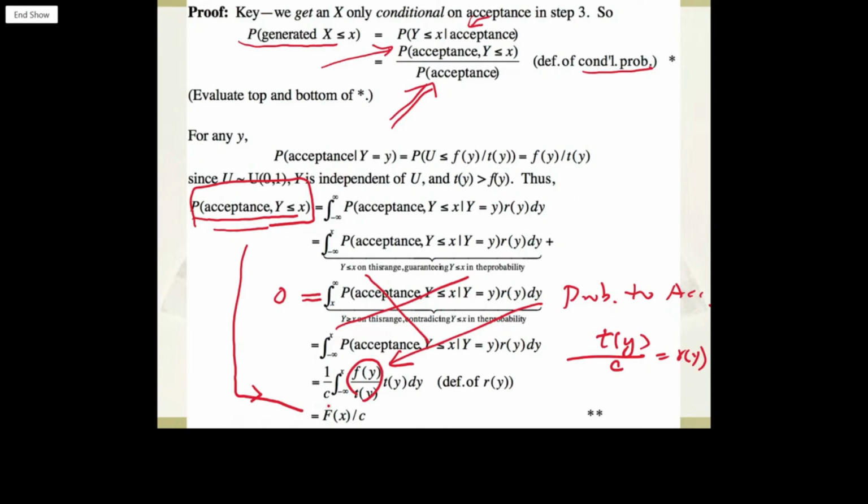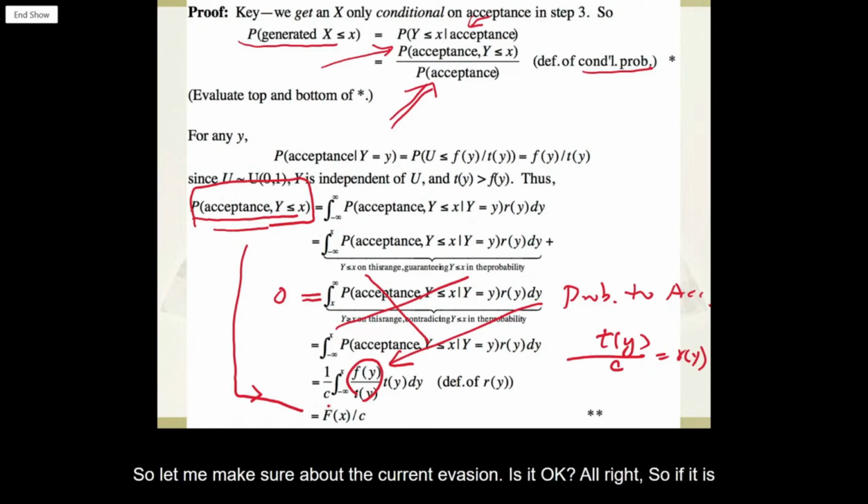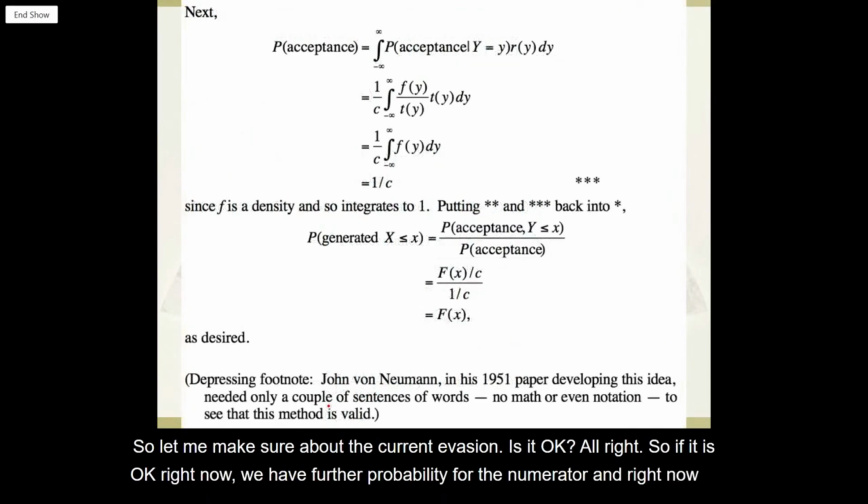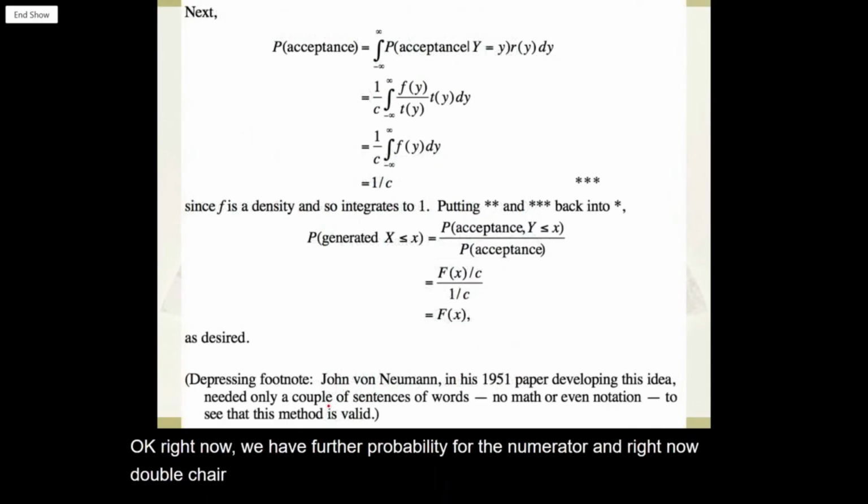So let me make sure about the current derivation. Is it okay? All right, right now we have the probability for the numerator. Now double check the denominator, acceptance.